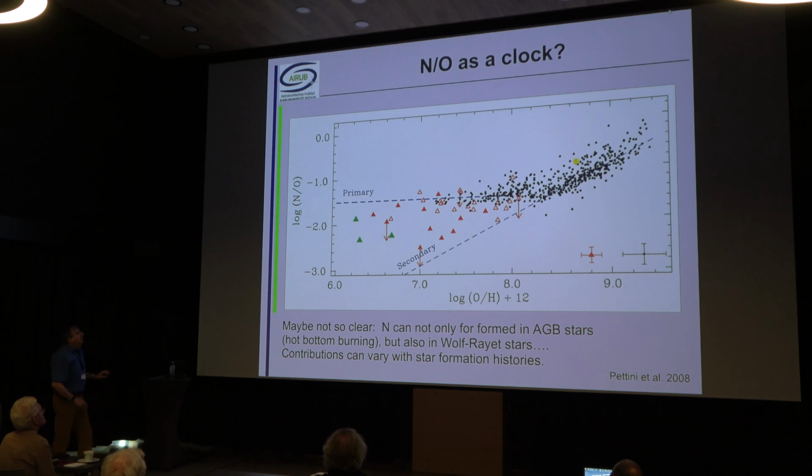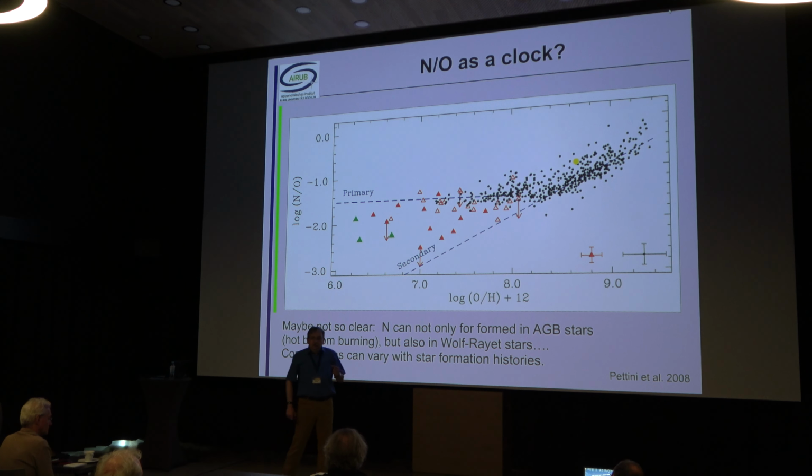You can, for example, look at the ratio, the abundances. You can derive the abundances too. And then you can look how oxygen and the ratio between nitrogen and oxygen play a role. And the interesting thing is, this is not a one-to-one correlation, because oxygen and nitrogen are formed differently.